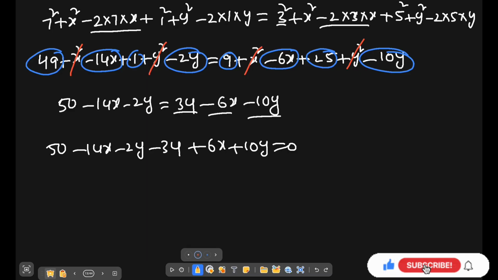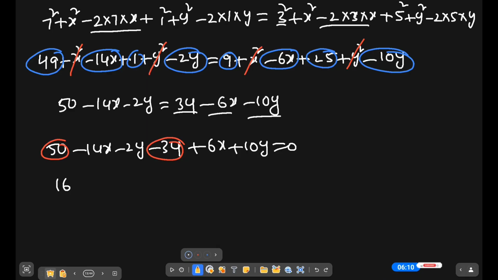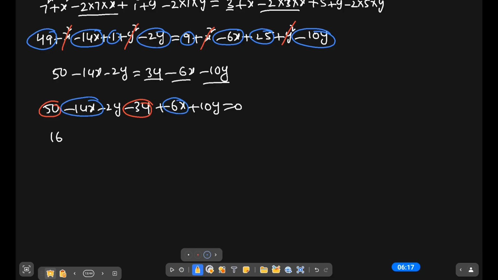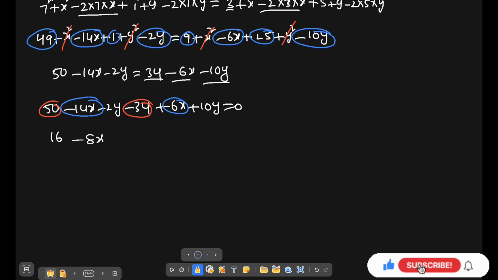Now add the like terms. 50 minus 34 is 16. Minus 14x plus 6x gives minus 8x. Minus 2y plus 10y is plus 8y, equals 0.